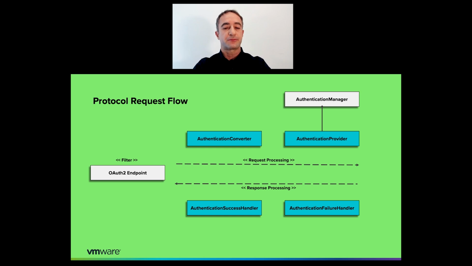So it'll authenticate the redirect URI, ensure the client's authenticated, and so forth. If it's successful, then we go into the response processing flow, and it delegates to the authentication success handler and ultimately returns the access token response. If the authentication fails, it delegates to the authentication failure handler, and a standard OAuth 2 error is returned.